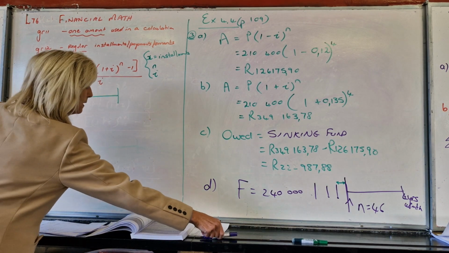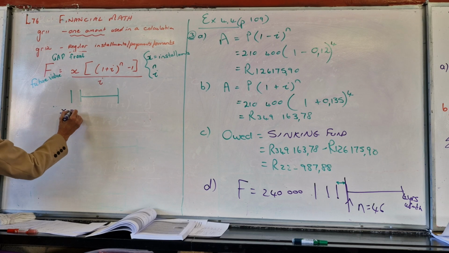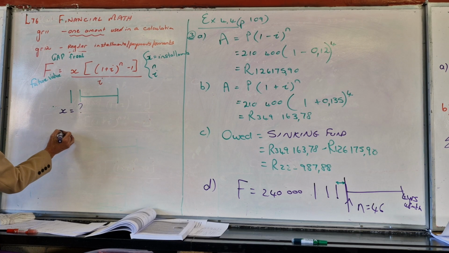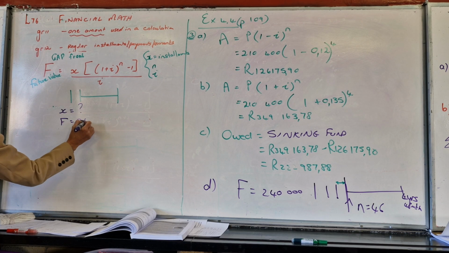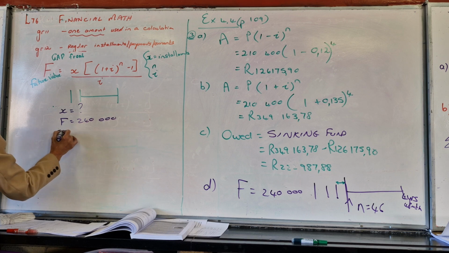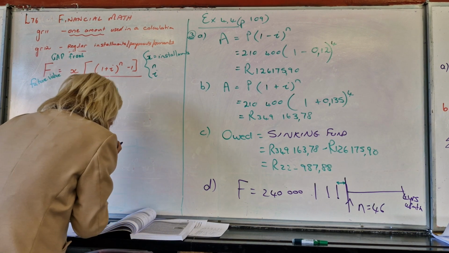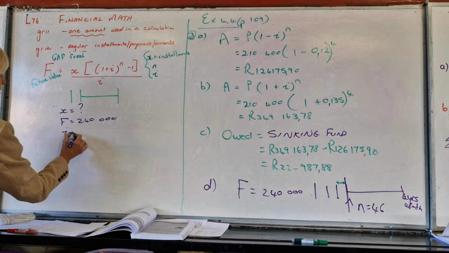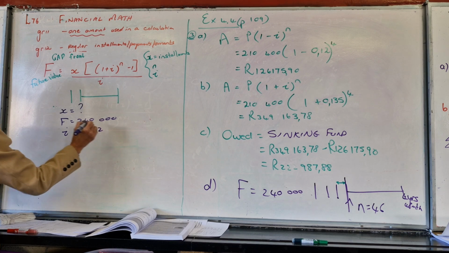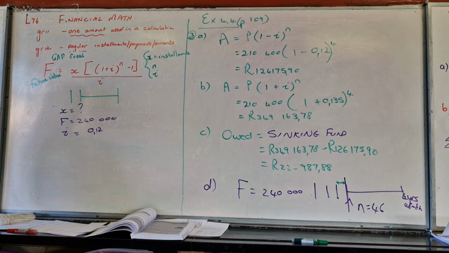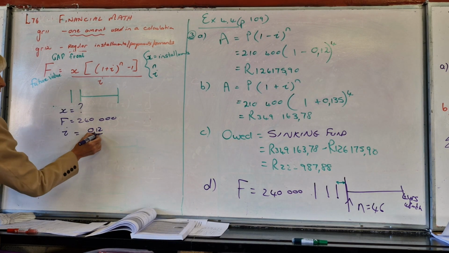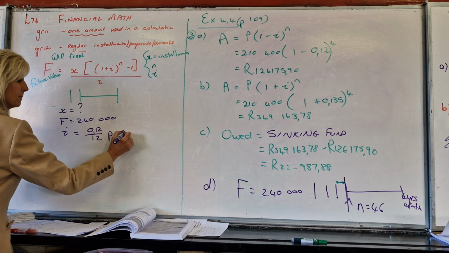In our sum, if our X is the unknown, our F is 240,000, our I was 12%. So it's a 12% interest per annum, but it's done monthly, so it's divided by 12 for per month.